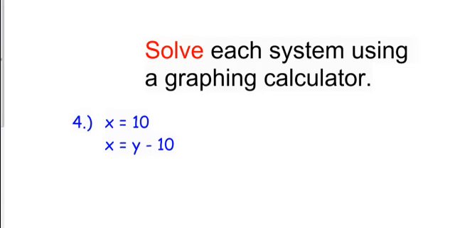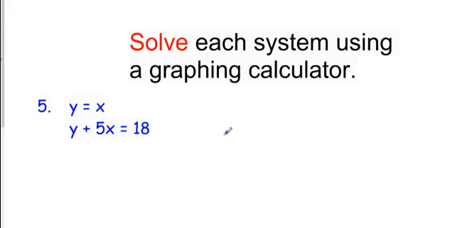Okay, we are going to skip this one. Nobody got this one right on the first try. This was quite problematic, so we're going to come back to it last. So in this one, you've got one equation to manipulate and one you don't.